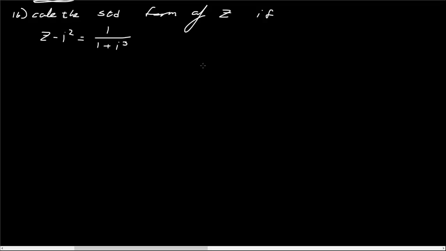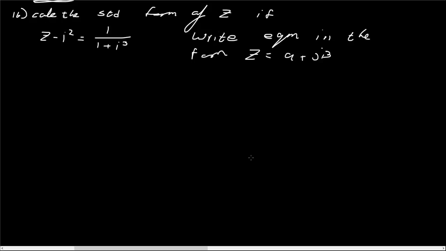What they're basically saying is to write this equation in the form z equals a plus jb, because that's the standard form. So let's do that. We're just going to start simplifying and work through it until we get to where we need to be.